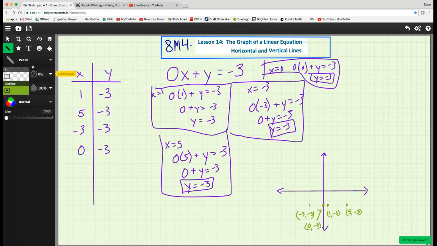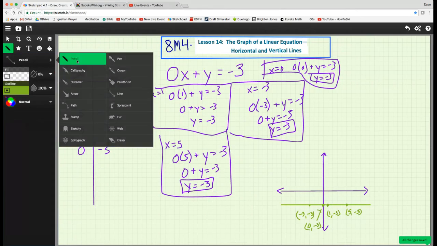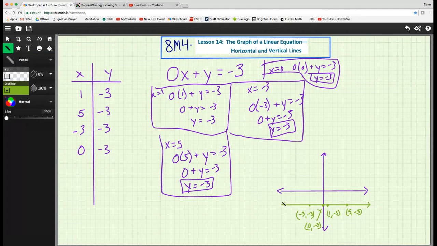So what do we get? What kind of line is this? Is this vertical? No, this is a horizontal line. And now notice what happened.